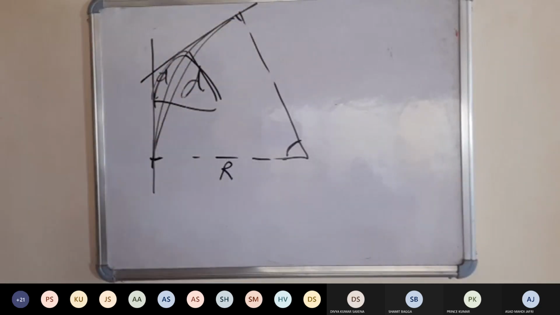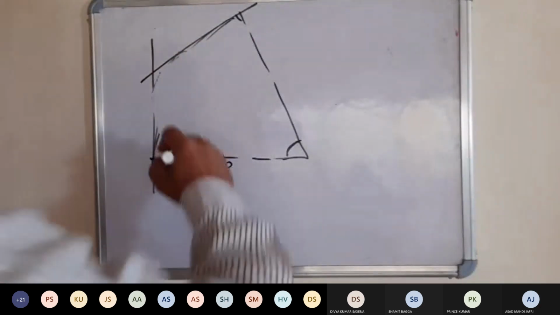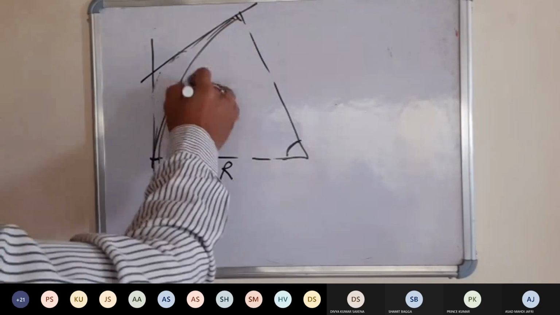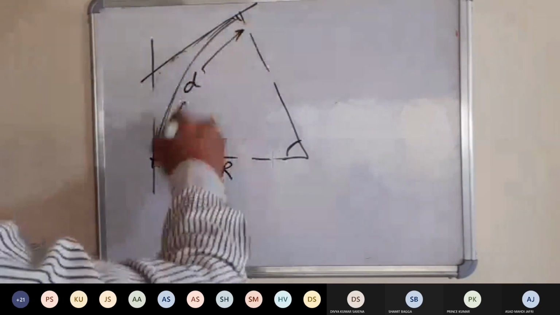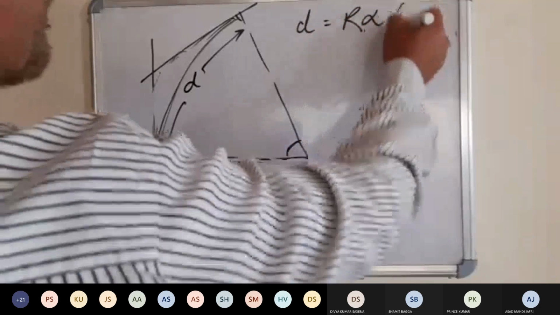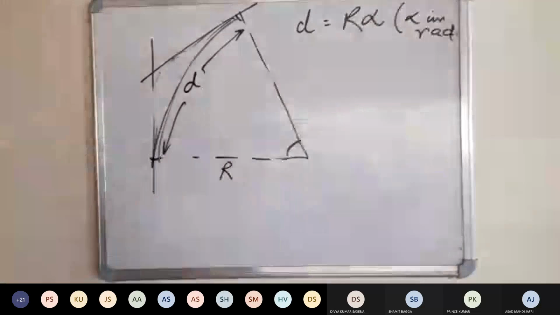That we have already seen. So in this figure, the distance d is equal to r into alpha, where alpha is in radian, correct?